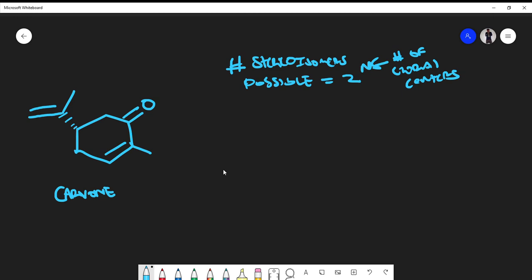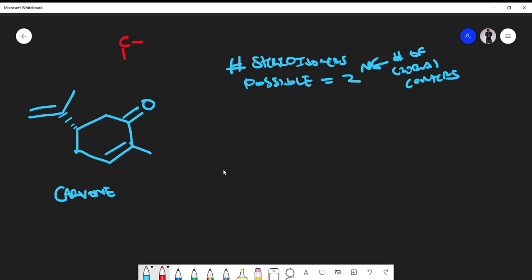Now, in a simplistic way, you should think about chiral centers like this: let me draw a carbon here. Usually the chiral center is carbon, but just remember it's not strictly pertaining to carbon. It could be anything that has 4 different things bonded to it.